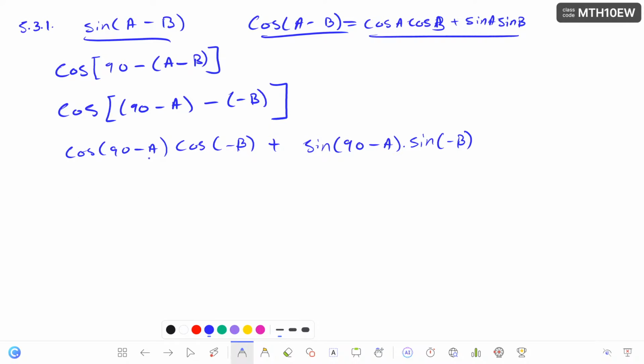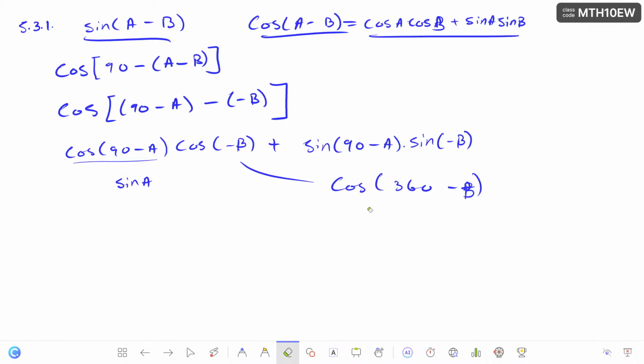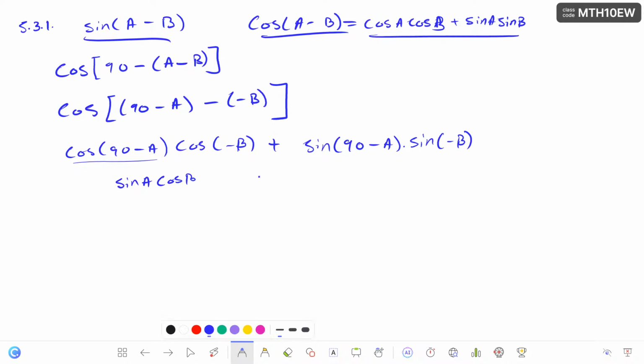So, okay, now cofunction of this one is sine A. Then this one, remember, is cos 360 minus A. Always a negative angle is like this. It's 360 minus that angle. So check this angle is in the fourth quadrant, and cos is positive in the fourth quadrant. So we can conclude this one is the same thing as cos B. Then cofunction of this one is cos A, right?